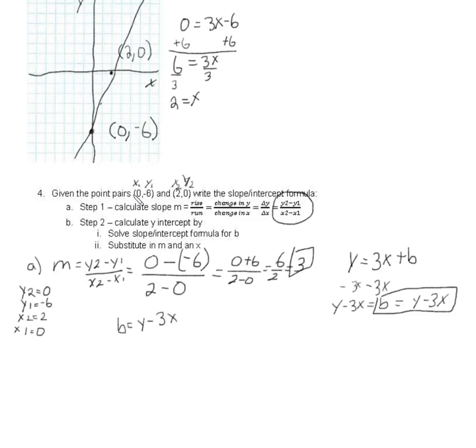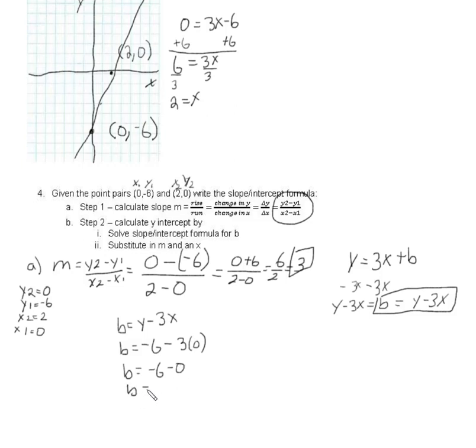Now what I'm going to do is take these 2 points. I'm going to substitute them in there. B equals, well, what's the value of y in these 2 points? Oh, y is -6. -6 minus 3. What's the value of x? 0. I'm going to put that in parentheses. So what's b equal to? B equals -6 minus, what's 3 times 0? 0.